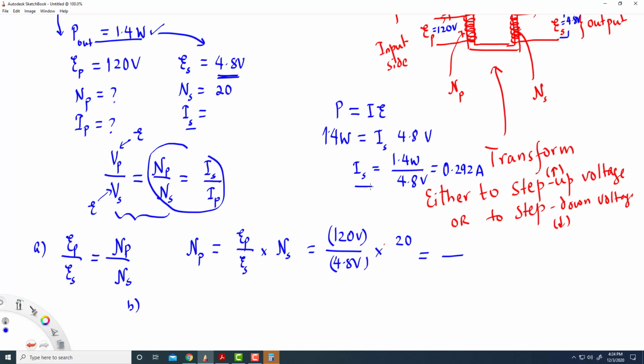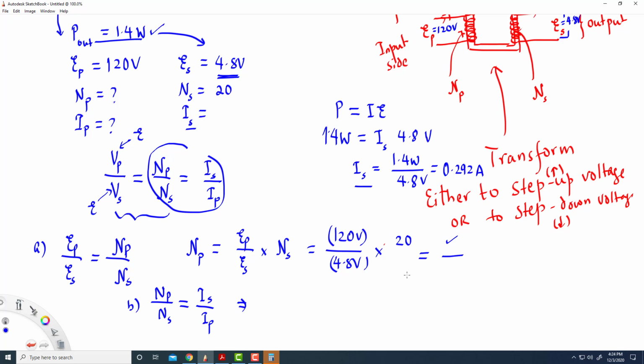Once we have that, now we can use this formula. So we can use NP over NS is equal to IS over IP. So that can be used to find IP. So NP, we just found that from here.